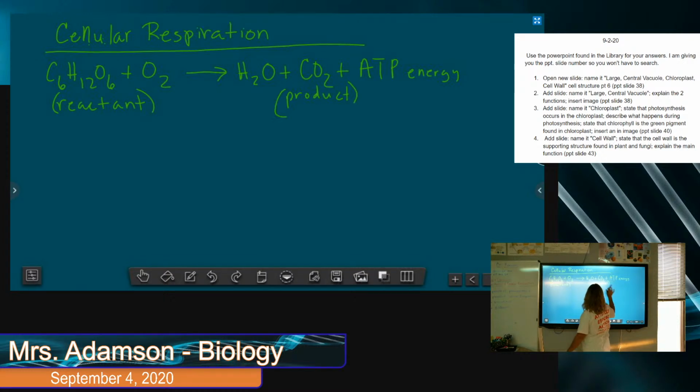So, reactant, product. Let's go ahead and put into words, like we did with the other one, what's going on. Basically, the energy in glucose is transferred into ATP energy.